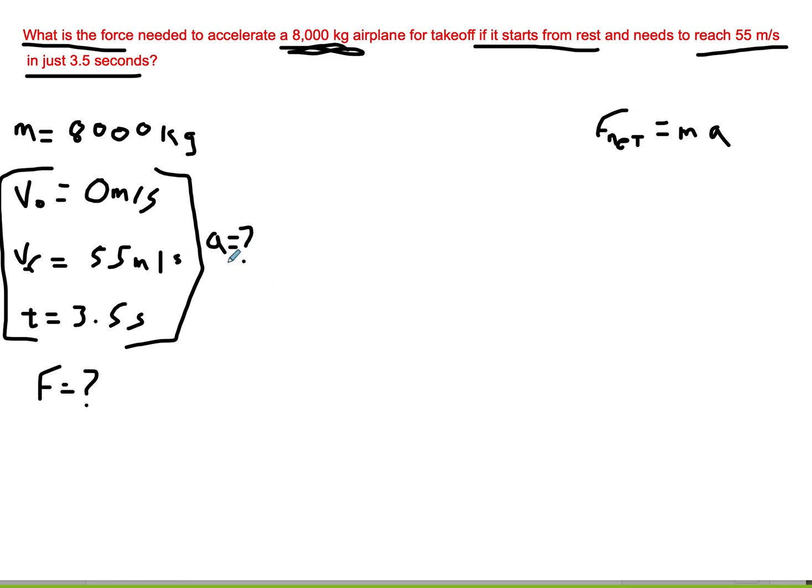And I look at my equation sheet and I say, okay, well, which equation should I use if I have acceleration, original speed, final speed, and time? And the easiest one, the one that I don't have to do any algebra for, is that the acceleration is the final velocity minus the original velocity divided by the time. So I'll plug that in.